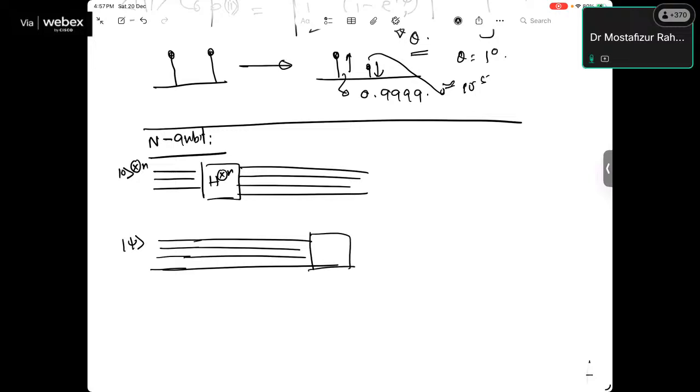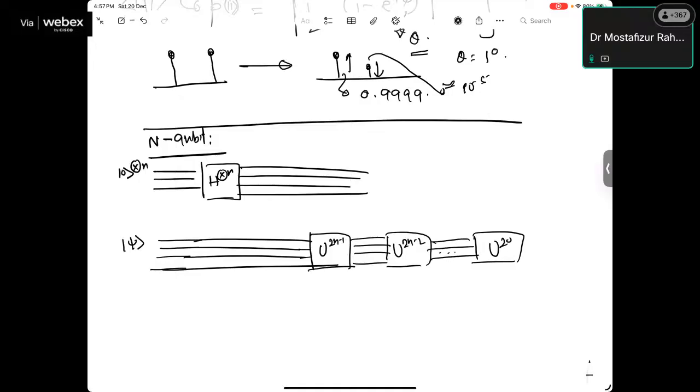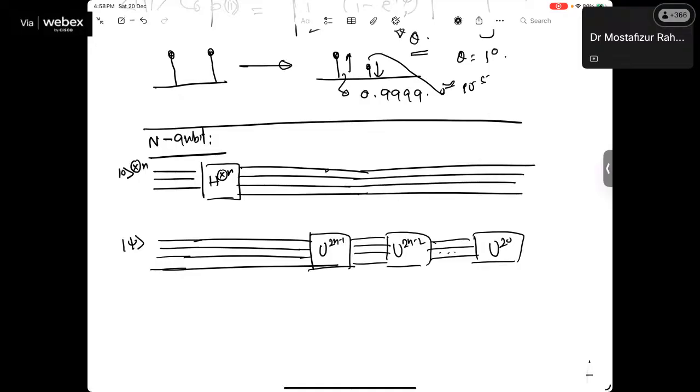In this particular case, you have to do U to the power 2 to the power n minus 1 to create various phase factors. Then U to the power 2 to the power n minus 2, and so on, up to U to the power 2 to the power 0. This is how we do it. This is done like this: first qubit to first register, second qubit to second register, last qubit to last register, in this way, right?